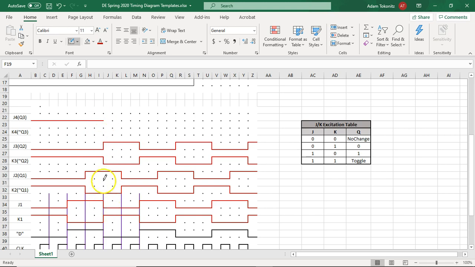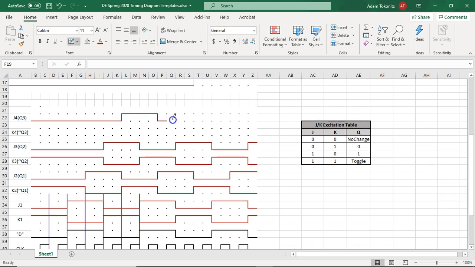Now here, my clock triggered. It's a negative edge trigger. My clock sent a signal and said, hey, look at me, I'm doing something. But J was 0 here, so J4 remains 0 until the next clock trigger. At the next clock trigger, J3 is 1, so J4 is 1.